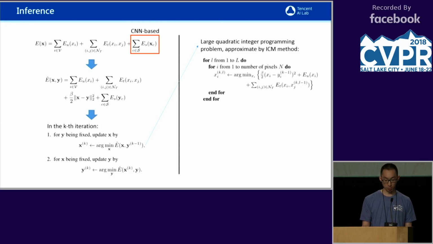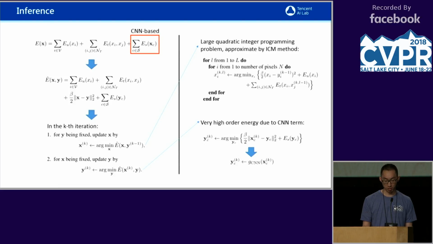The second subproblem still has a very high order energy due to the CNN term. Luckily, we can approximate the solution using a feed-forward pass of the CNN used for the energy definition. We experimentally verified that the approximation can make the objective function of the subproblem non-increasing in most cases.